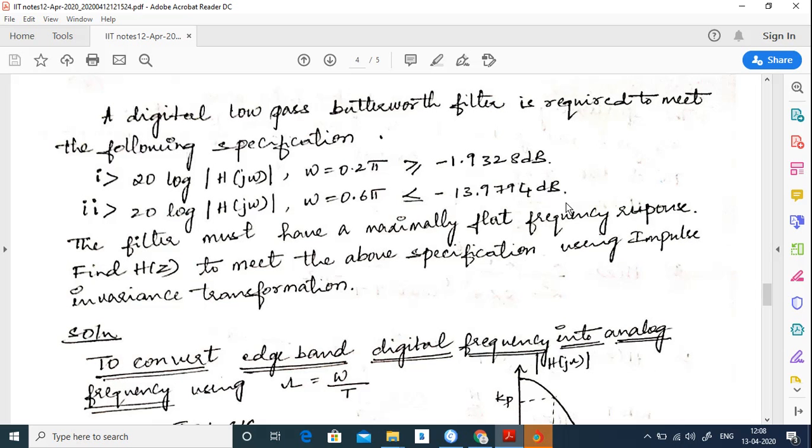The problem is like this. A digital low pass Butterworth filter is required to meet the following specification. The specifications are: first one, 20 log magnitude h of j omega, where omega, see here, this is a different omega. In general, I'll use this omega for digital filter frequency representation, which indicates that it is the frequency related to digital specifications.